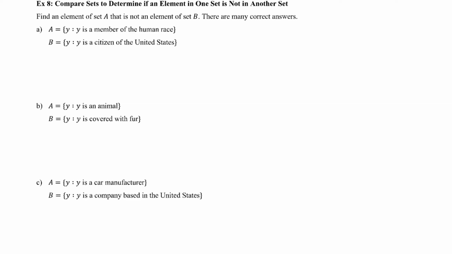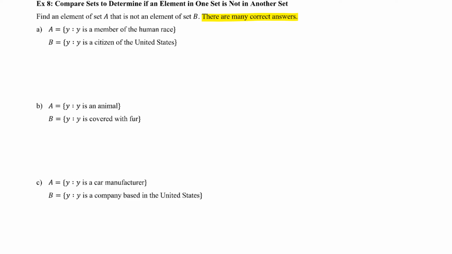And it does tell us there are many correct answers. So the answers that I have going through these are not the only answers, and you probably could easily come up with other answers. We are looking at set A, and we're thinking about what are the criteria or the conditions in that set. And then we're looking at set B, and we're trying to find something that matches the criteria from set A, but does not satisfy the criteria for set B.